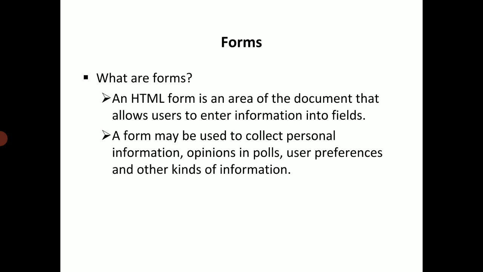That means forms usually collect information from the user. Say for example, a Google form, where it collects some information, whether it is a user opinion or some information regarding marks, etc. That means we use forms mainly to feed information.